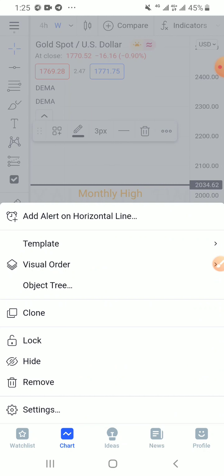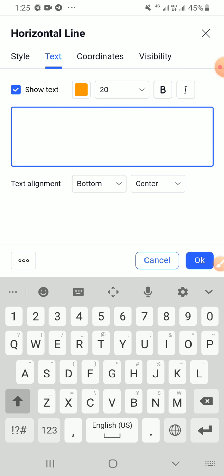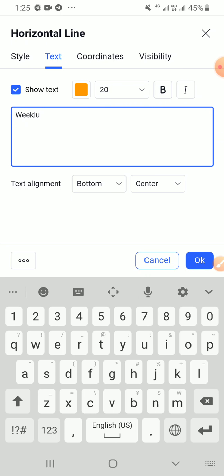Right here we have weekly low. So this is the swing low, because those who trade or hold trades weekly should focus on this level.